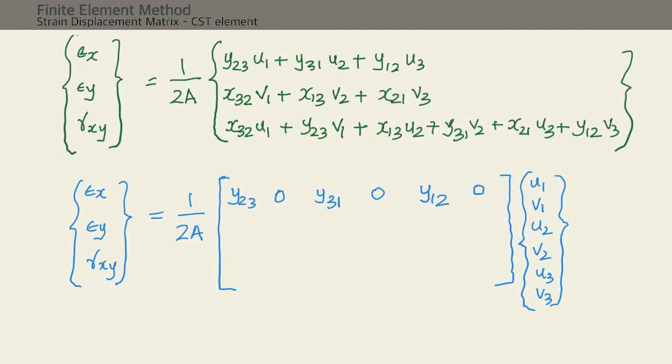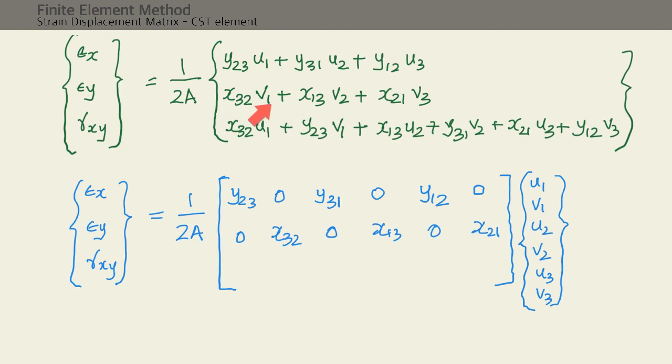Same way, the second row comes from the second equation. So here you have 0, x32, then 0, x13, and 0 and x21.